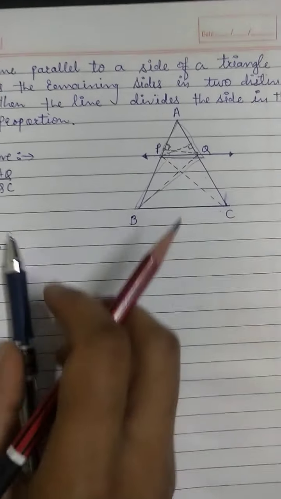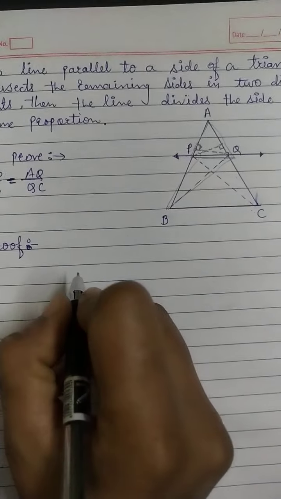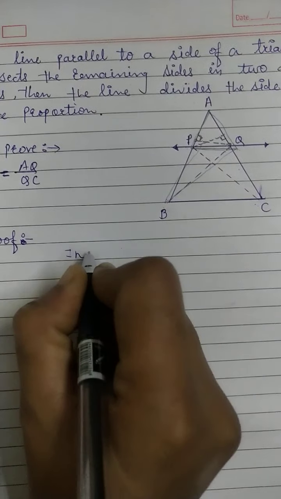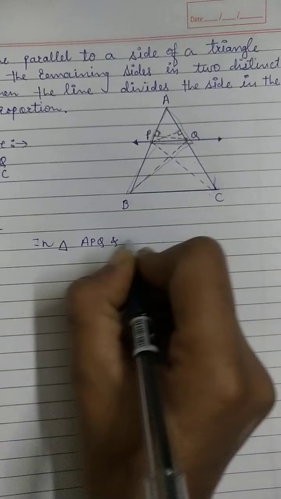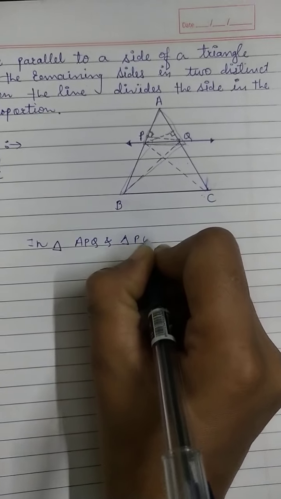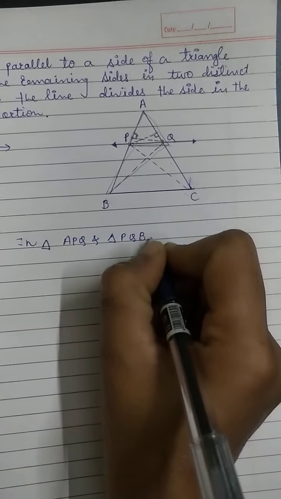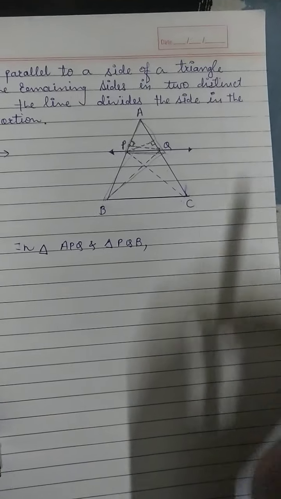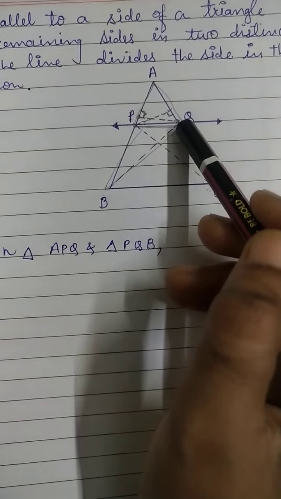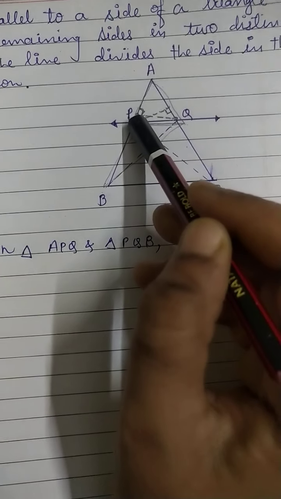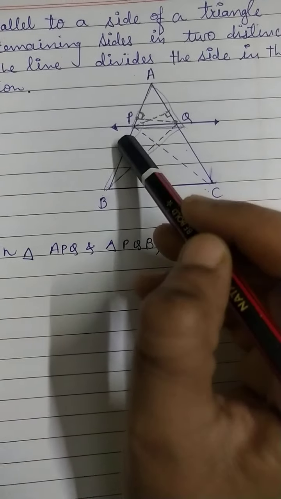Now in triangle APQ and triangle PQB, I have drawn from point Q one perpendicular on the side AP.